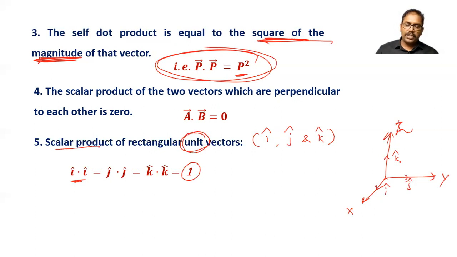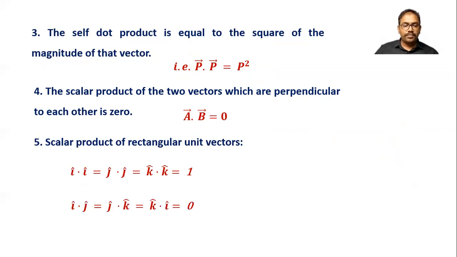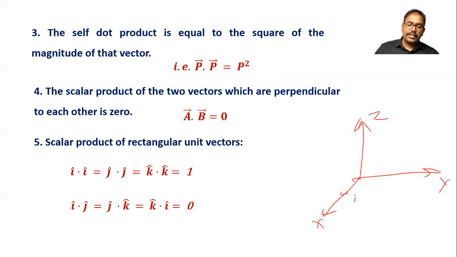In a similar manner, j cap dot j cap is 1, and k cap dot k cap is 1. After that, i cap dot j cap. Here i cap is in the direction of the x axis and j cap in the direction of the y axis, so the angle between i and j is 90 degrees.